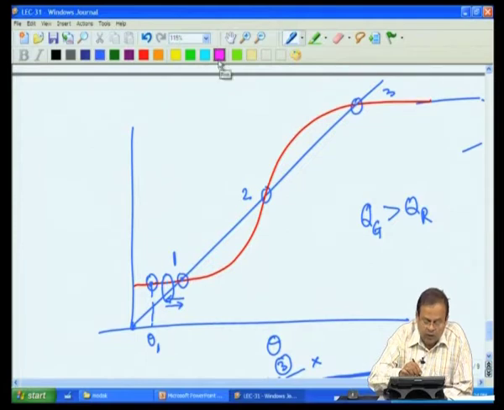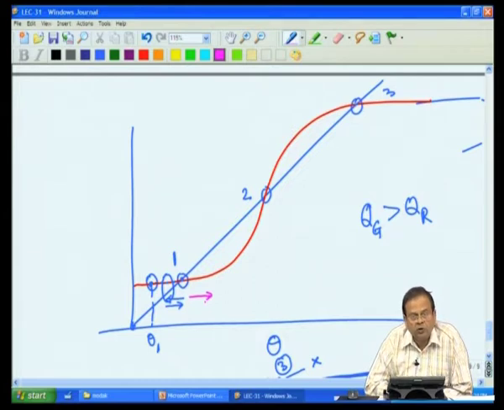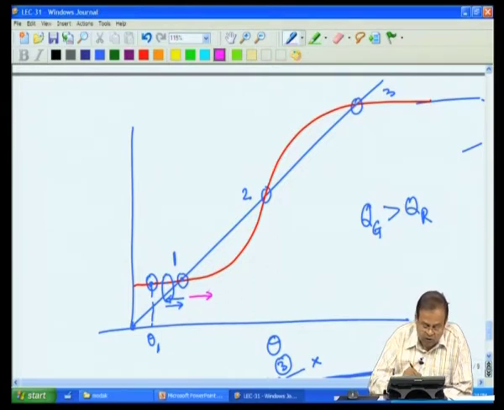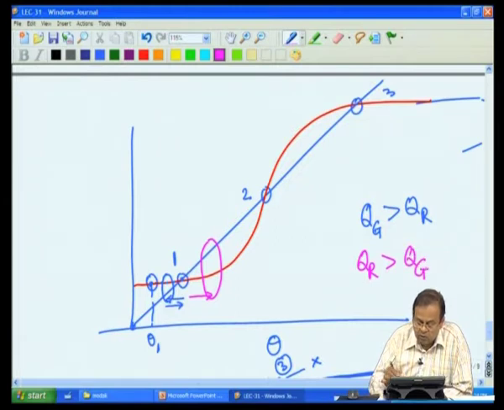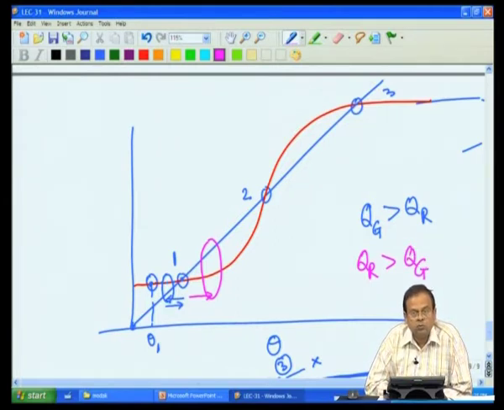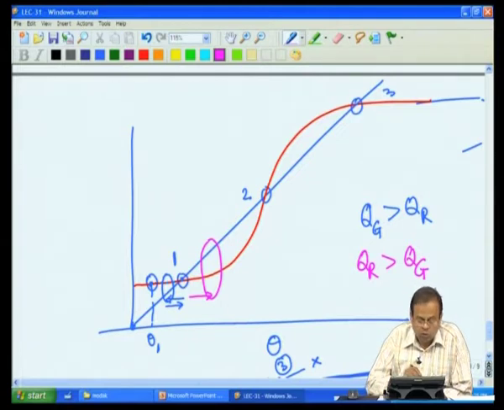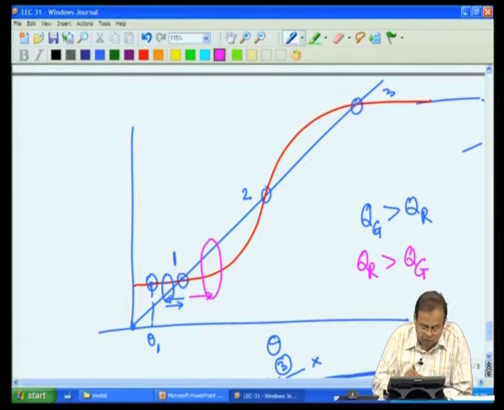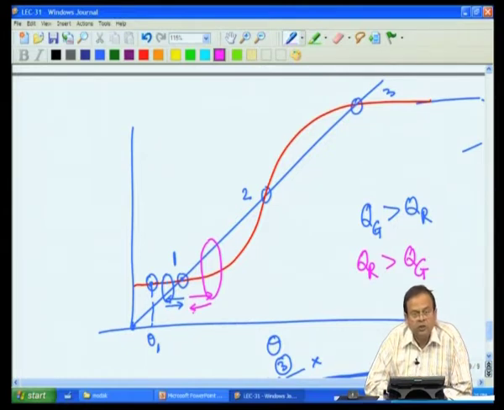Now, let us see what happens if I am away from that steady state temperature in this particular direction. So, in this direction what is happening? My QR is greater than QG. So, what will happen to my temperature? The energy removal rate is higher than energy generation. So, temperatures will start falling and I will once again come back to this particular steady state.